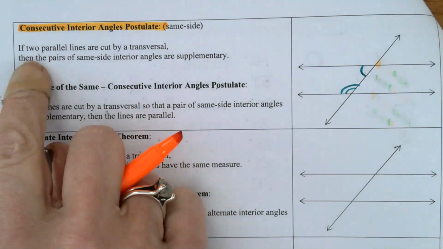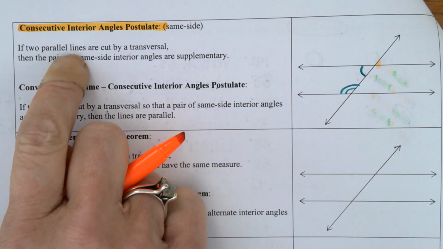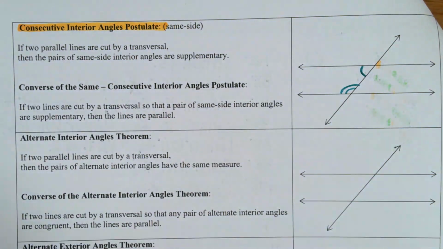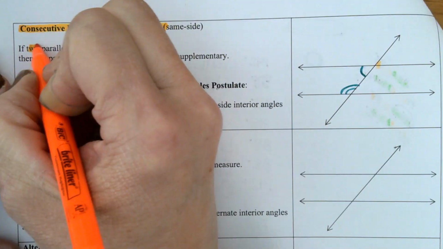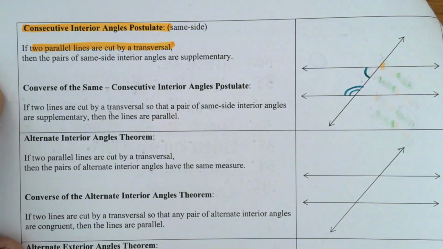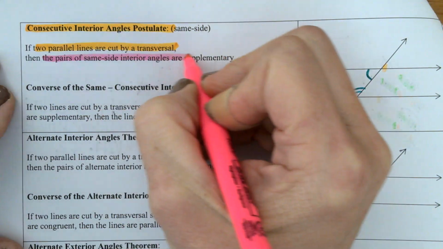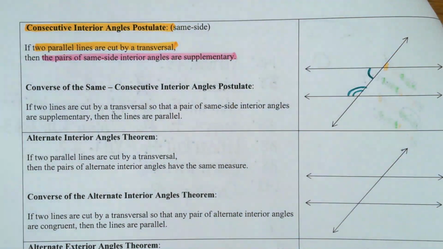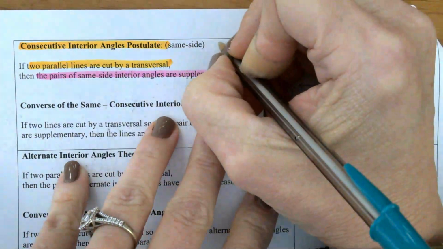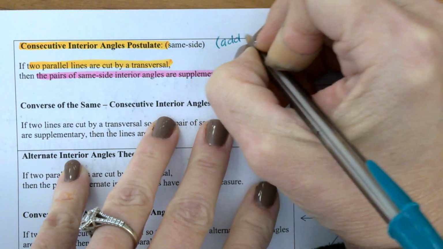And what it means is, and we've been talking about it for days, if two parallel lines are cut by a transversal, so the parallel lines, then the pairs of same side interior angles are supplementary. Okay? Because we know that these add to 180. We know that.